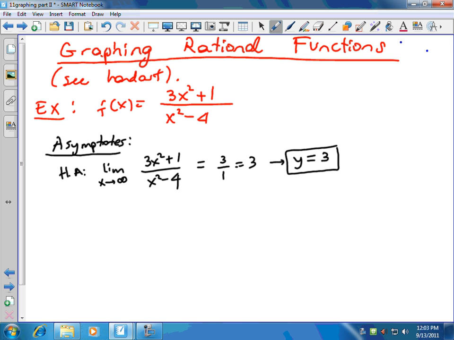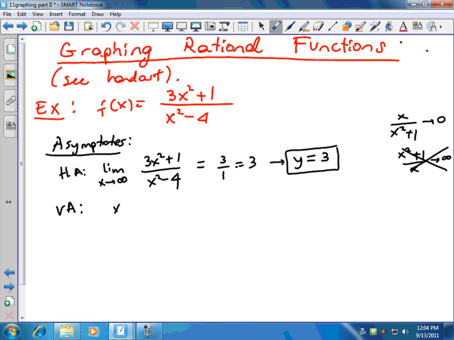And just as a refresher, if the degree of the top is smaller than the bottom, the limit is 0, right? And if the degree of the top is higher than the bottom, then it will go to plus or minus infinity, which means no horizontal asymptote. And if the degree of the top is 1 higher than the bottom, there will be a slant asymptote. Okay, so we know for this example there is a horizontal asymptote. There is no slant. And how about the vertical?